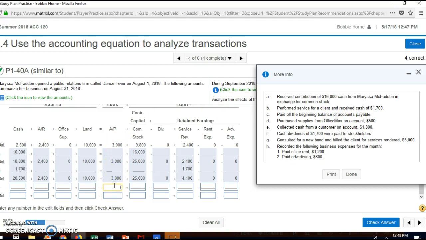So the accounts payable account will go down when we pay something off that we owe, and we're using cash, so cash is going to go down. So now the accounts payable, since we paid all of it off, has a zero balance.